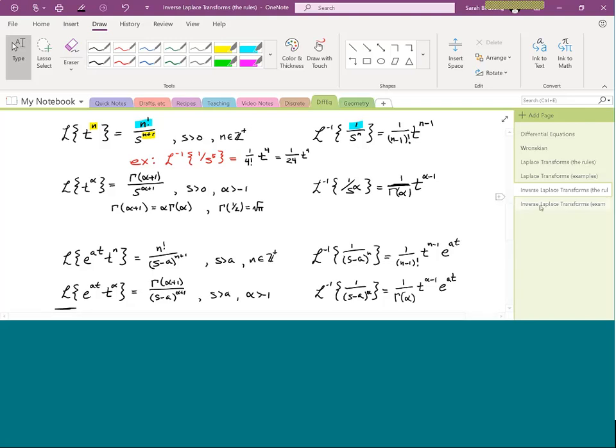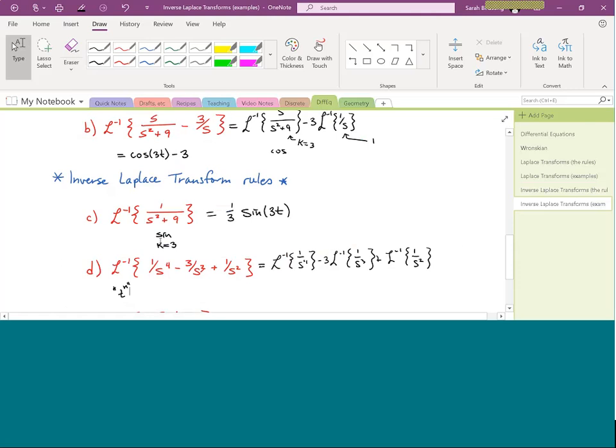Now, there's 3 different parts of the example that we have. The first part is 1 over s to the 4th. So the n value for this first one is going to be what? The n value here would be 4, but in terms of the exponent that t is going to be raised to, t would be raised to the 3rd power.